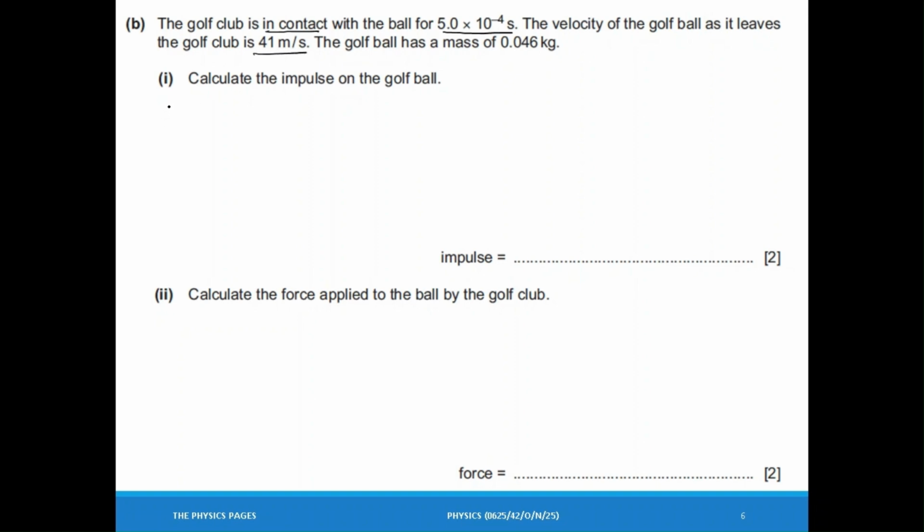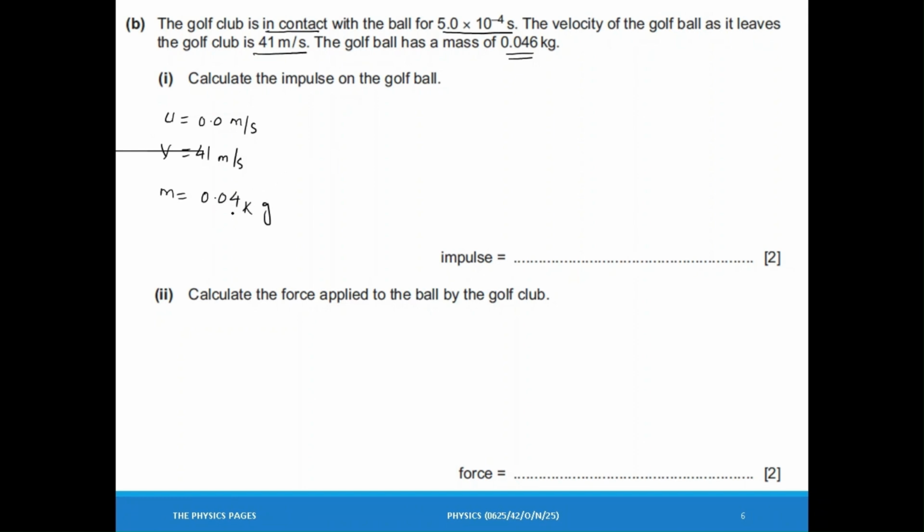We are aware that initial velocity u was 0.0 meter per second, but the final velocity is 41 meter per second. Now the golf ball has a mass of 0.046 kilogram. The third thing we have, the mass is 0.046 kilogram.